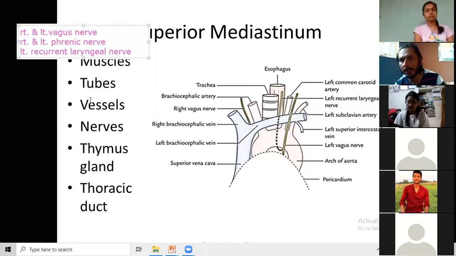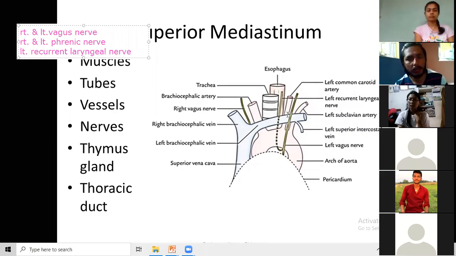B lymphocytes, T lymphocytes. Here the thymus gland is for T lymphocytes, the precursor cell. So the thymus gland also you will see in this region. It will extend from here up to the superior mediastinum.